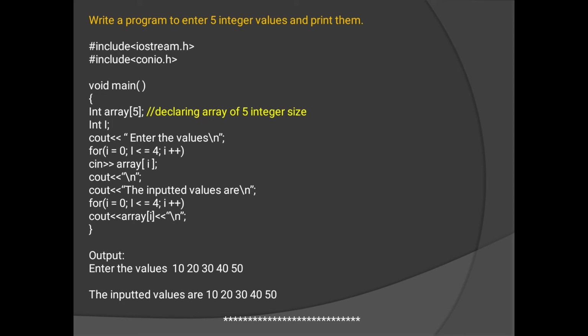So here the program structure is: after the main function, always the variable declaration, then processing, and then displaying the output. Since you have to enter 5 integer values using arrays, you declare the data type as int.